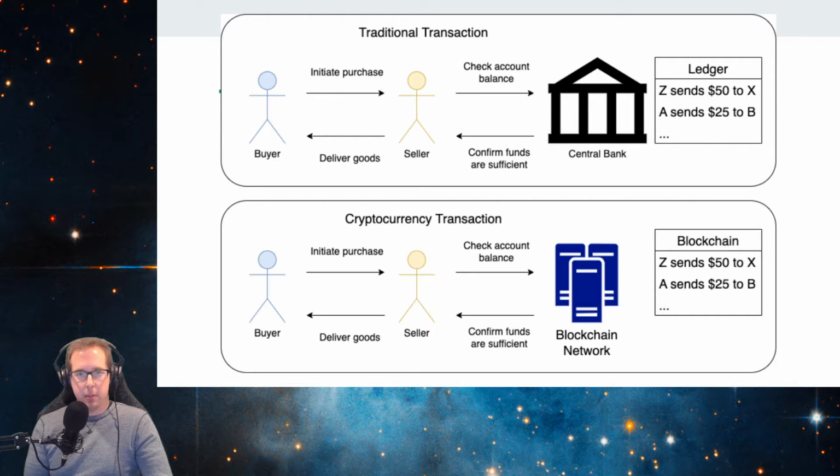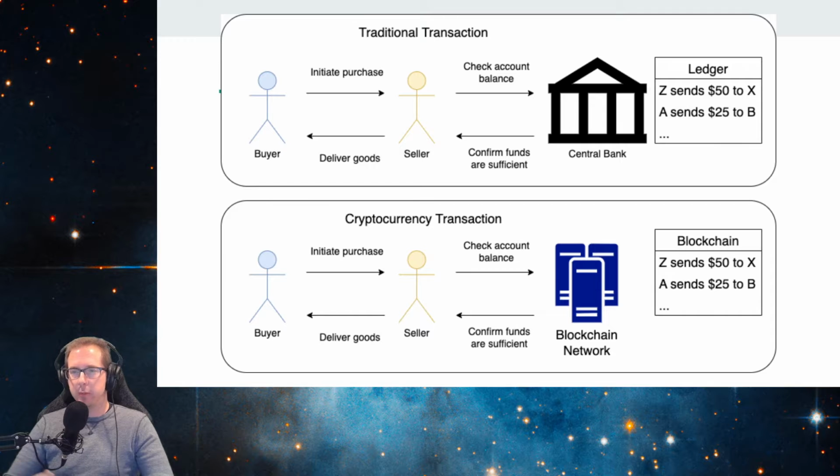So again, with it kind of being a currency and doing transactions, it's very similar to what you would have happen day to day with your credit card or other digital transaction, where you have a buyer who initiates a purchase. The seller checks with, in the top case, a central bank, or in your case your Visa card or whatever, checks with the central bank that then confirms that you have the buying power, you have funds in your account, or you have credit open on your credit card, and you're in good standing, et cetera.